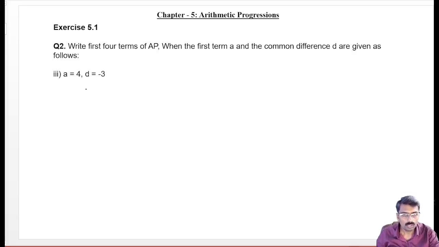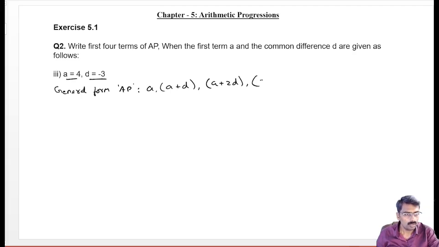We will solve the third sub question, that is a as 4 and d as -3. So third sub question, we would write each and every time the general form. General form of AP, a, a plus d, a plus 2d, a plus 3d, and so on until nth term it goes on.